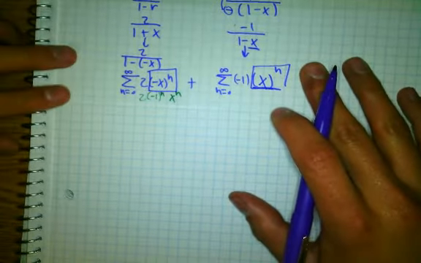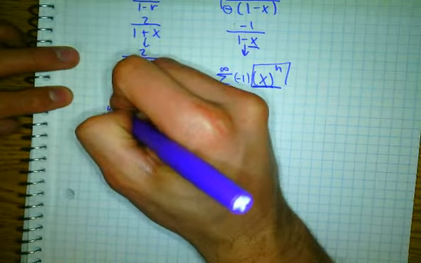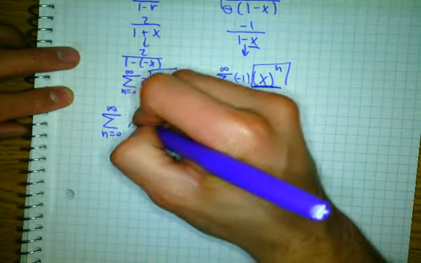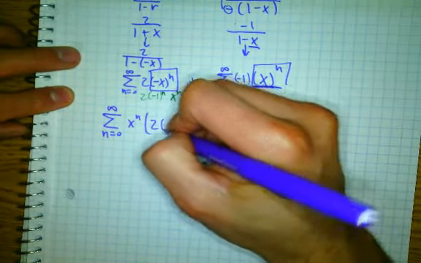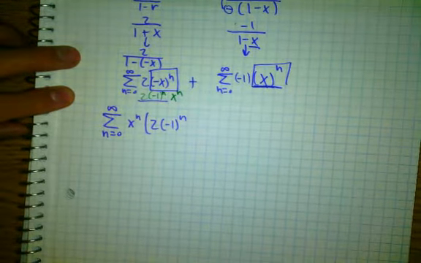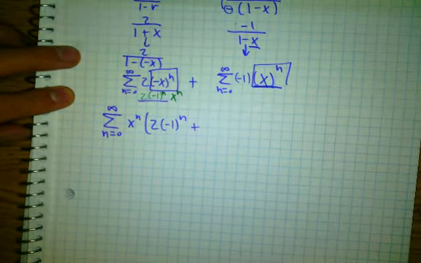So then here's where we're at then. If I add them, I would be left with the summation from 0 to infinity of what? I can factor out the x to the n, and I'll be left with what? 2 negative 1 to the n, right? That's what I have left on that one, right? Plus, what do I have left on this one? Negative 1, right?